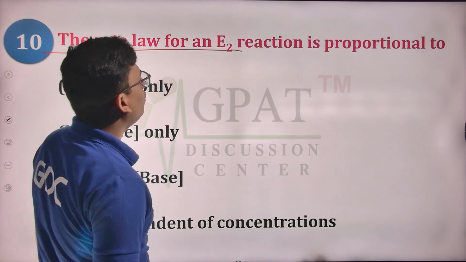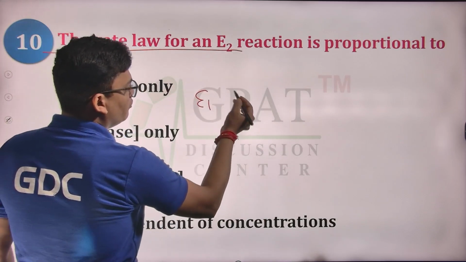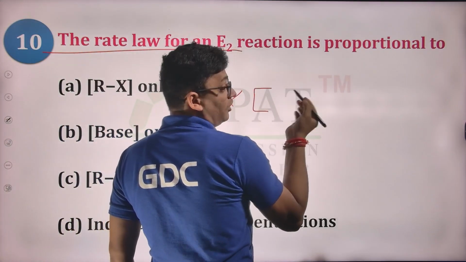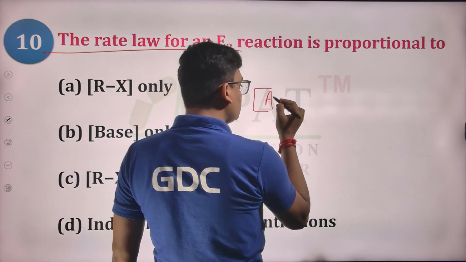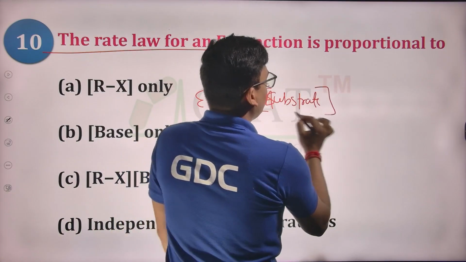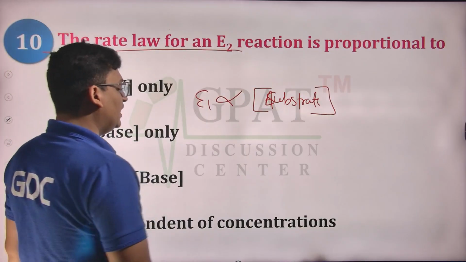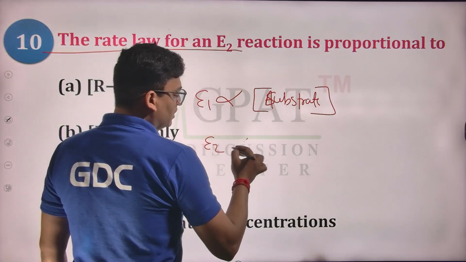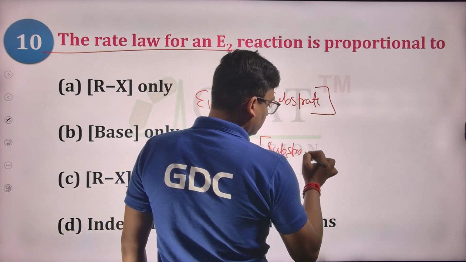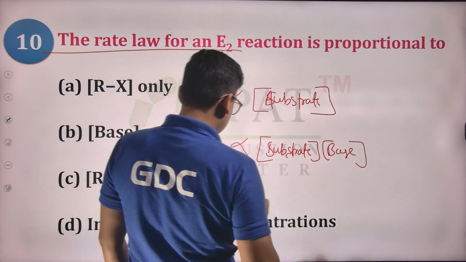The rate law for E2 reaction is proportional to what? For the E1, the rate of reaction is directly proportional to the quantity of your substrate. You can write down just substrate. The rate of reaction for E1 depends only on the substrate, while the rate of reaction for E2 depends on the substrate concentration as well as base concentration, since it's a one step reaction.